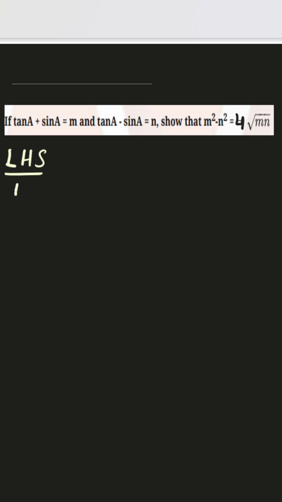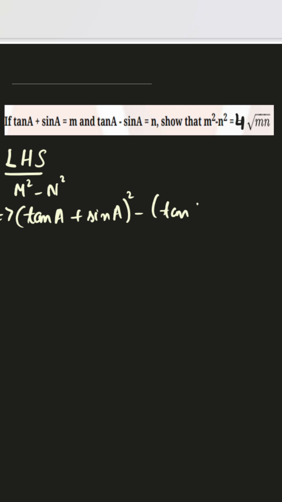Now on the LHS, we have m square minus n square. So I will write the expression: (tan A plus sin A) whole square minus (tan A minus sin A) whole square.